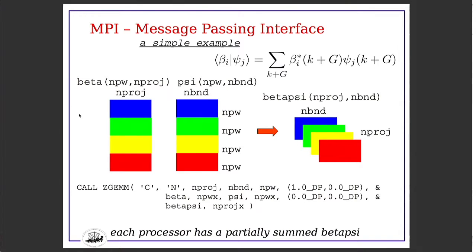distributed. We have projectors, we have wave functions, and each of these objects is a big array that is distributed across processors, and each processor has only a small number of plane waves.